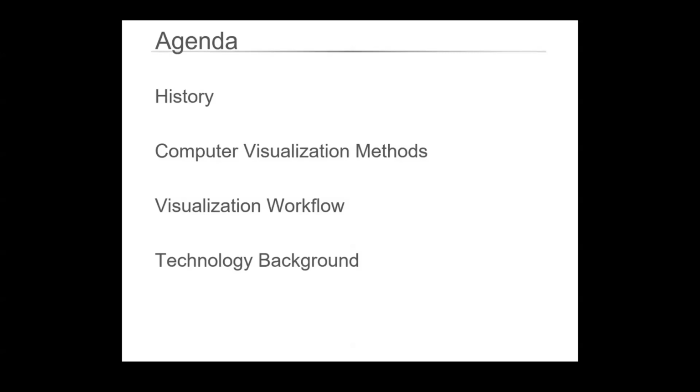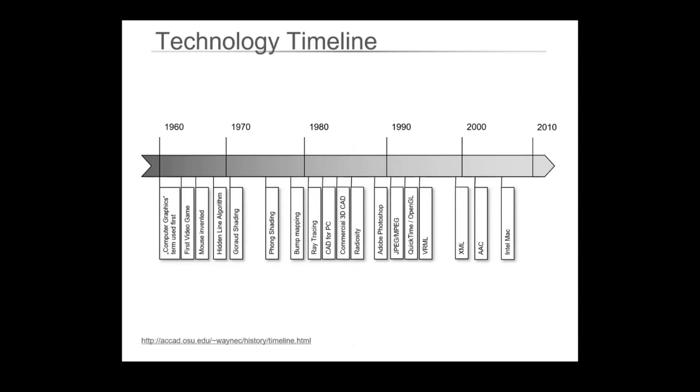So let's have a quick look at the history, methods, workflows, and the technology in the background that helps us do all this stuff. Since the 60s, we've gone from hand-drawn sketches, when they first started developing the first rendering software, all the way through to today's more advanced systems like virtual reality and all those fancy things that enable us to be immersed in the model.